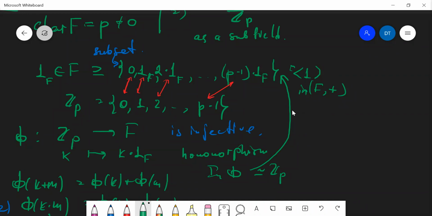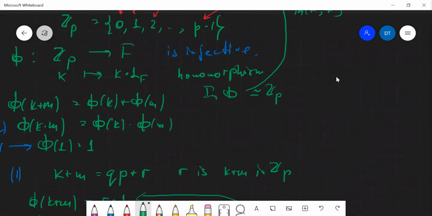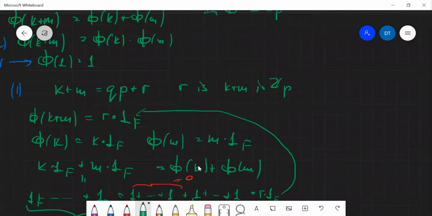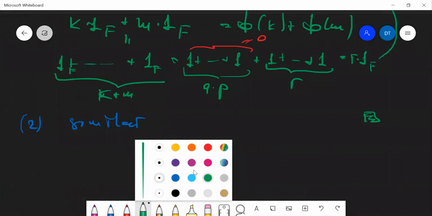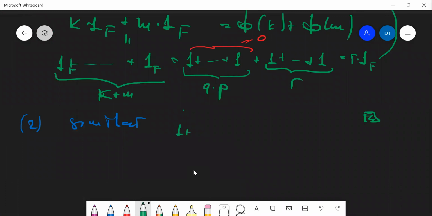Okay, thank you. But it wasn't really clear why 1 plus 1 plus 1, Q by P times, is 0. Oh, this one? Okay, so let me show you again. By the definition of the characteristic, 1 plus 1 plus 1, P times, is equal to 0. But what is 1 plus 1 plus 1, P times Q times?